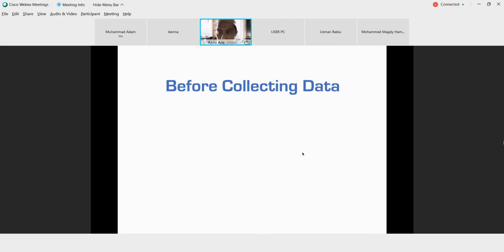As I mentioned just now, data collection is an integral part of your PhD work. So before you start collecting your data, you must make sure that everything has been considered. You must make sure that you have identified and confirmed your study objective.